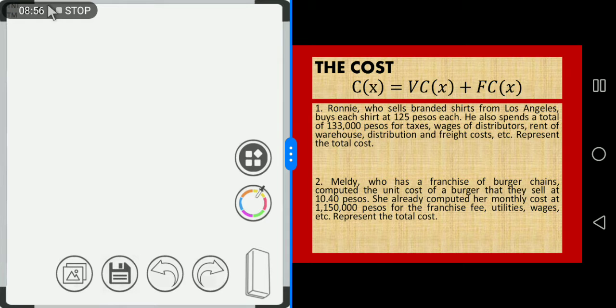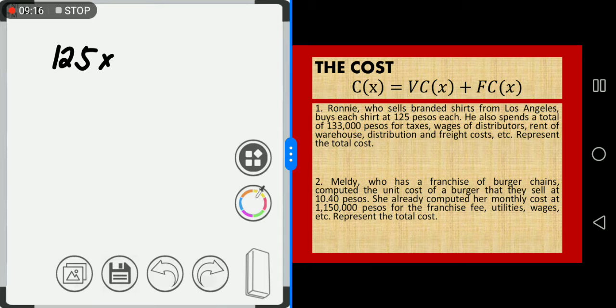Okay? So, yung 125 na yun yung presyo kada isang t-shirt. Kung ilan man yung t-shirt, kung dalawa, tatlo, apat, 10, to get the cost, all you have to do is to multiply 125 by the number of shirts.